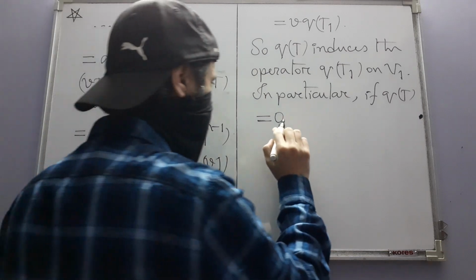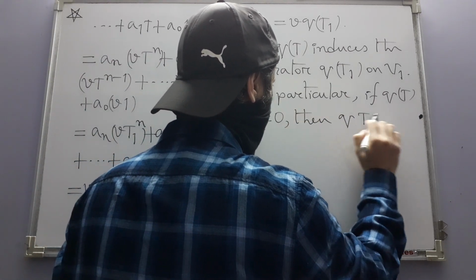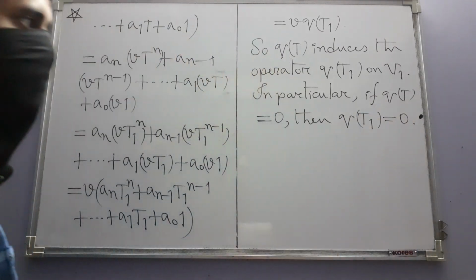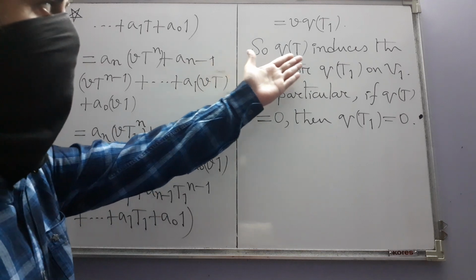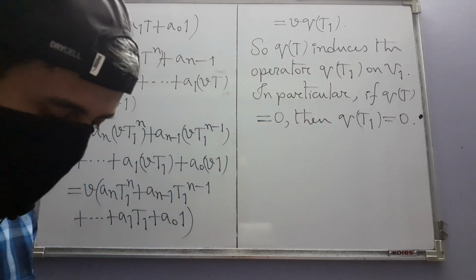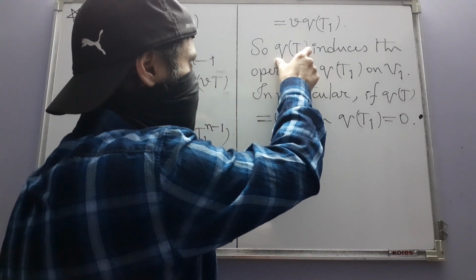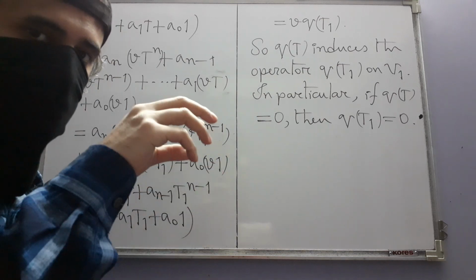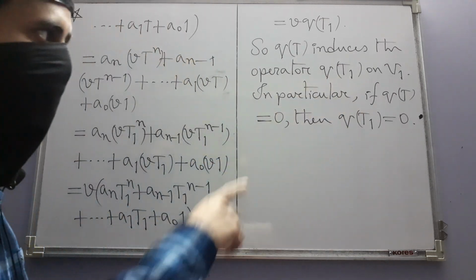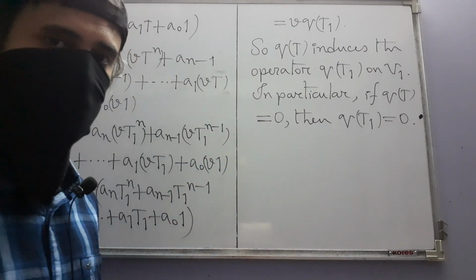Then Q of T1 is also equal to 0. Why? Because Q of T1, you see, we are saying that Q of T induces the operator Q of T1 on V1. In simple language, this just means that if you restrict this function, which has domain V, to the subset V1, the restriction is this. So, if the entire function is identically 0, then the restriction is also 0.